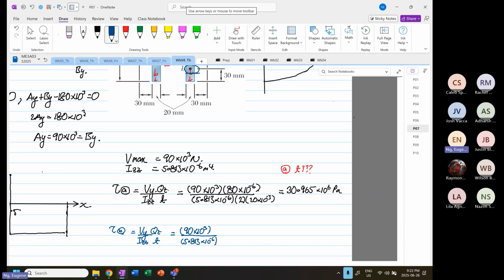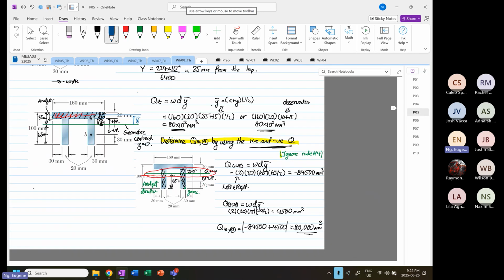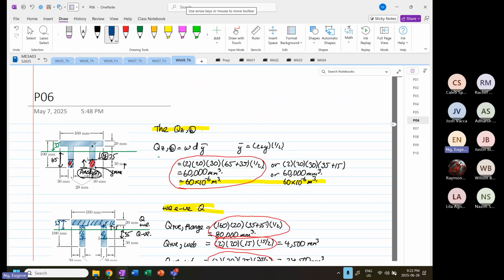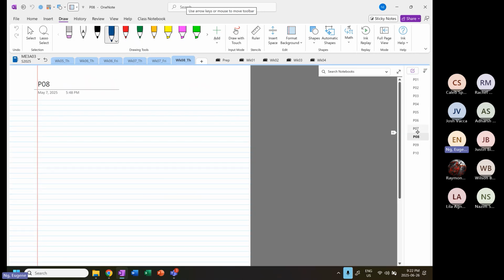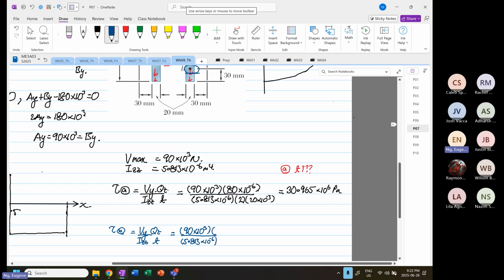And then your Qz at point B, which we have calculated, is equal to 60 times 10 to the power minus 6. So we will have over here 60 times 10 to the power minus 6, multiplied by twice, and this is 20 times 10 to the power minus 3.